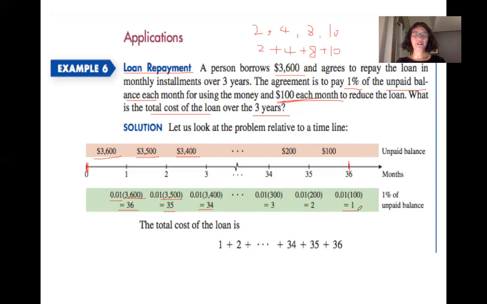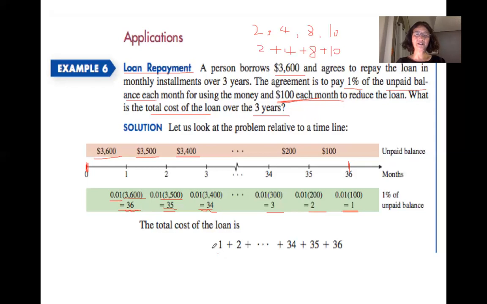So the total cost of the loan would be to add all these numbers together: 1 plus 2 plus 3 up to 34, 35, and 36. That is the total cost.